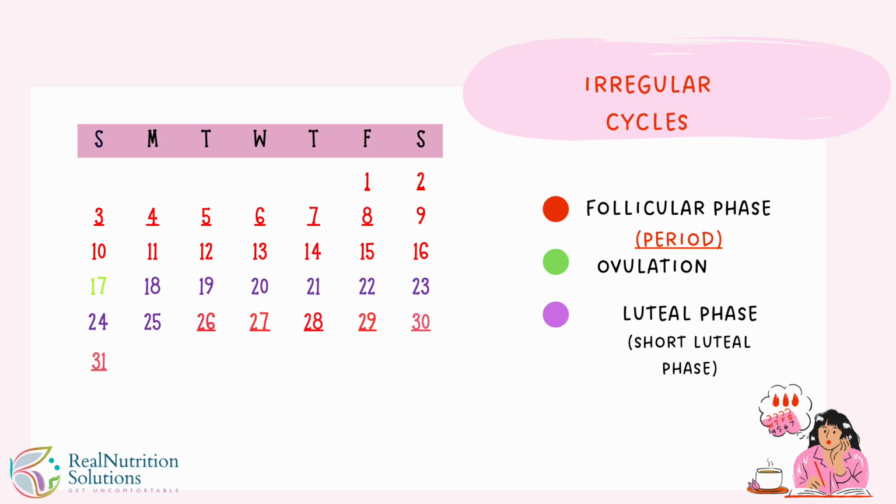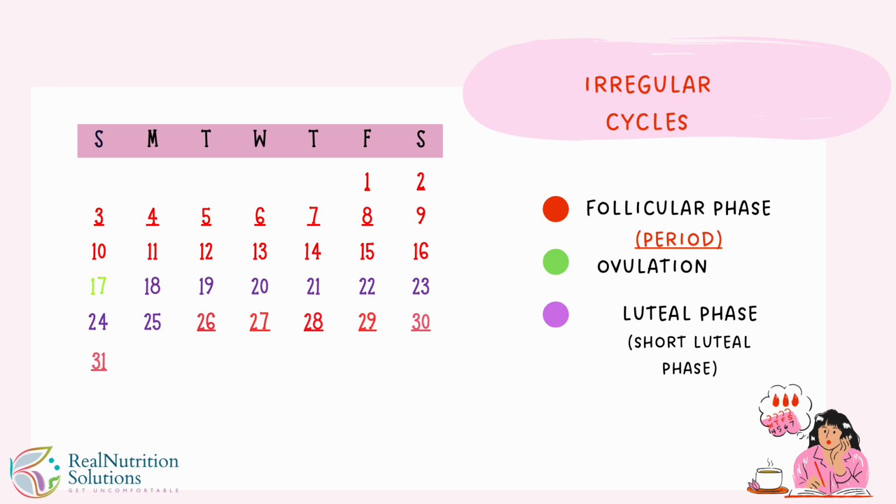So we know that the first 13 days of the cycle is called the follicular phase. The follicular phase also consists of your period, meaning the day your period actually starts, which is the first day of the follicular phase when bleeding occurs. And that is normally 13 days. But in this scenario, we see that this particular person's follicular phase, which is depicted in red, is actually 16 days.